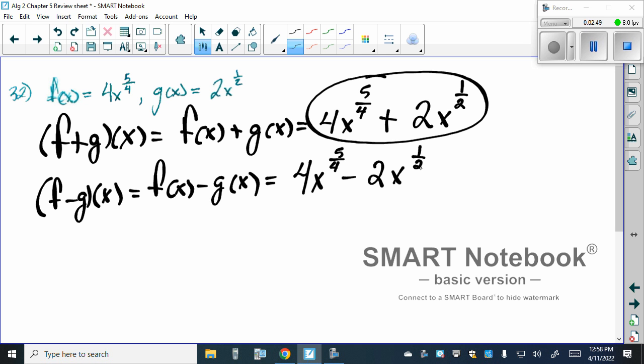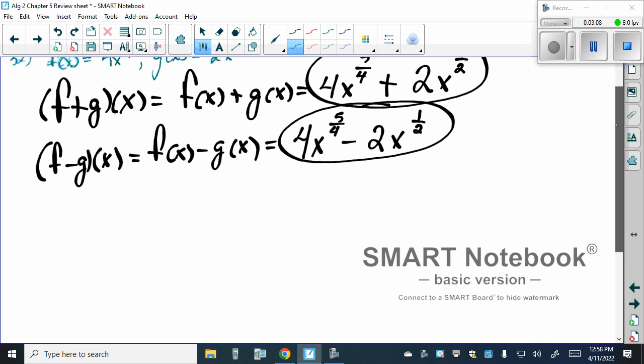So if we weren't able to add them together, are we going to be able to subtract them? Because we can only add and subtract like terms. X to the 5/4 and x to the 1/2 are not like terms. So that's all we have to do for addition and subtraction. Any other questions on this here?